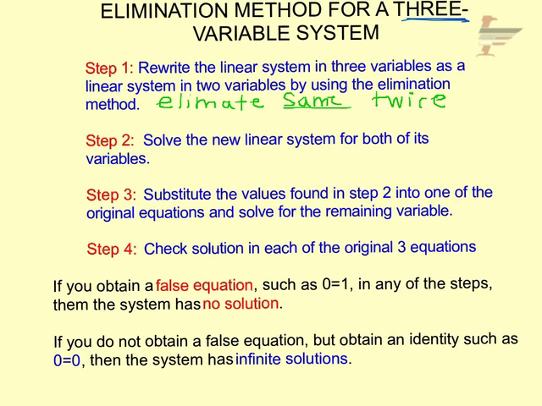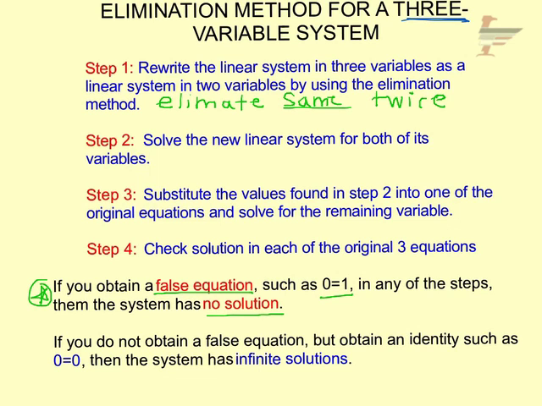Okay, then important down here: if you obtain a false equation, like your variables all wipe out and you end up getting 0 equals some number that's not 0, obviously that's not a true situation, so then you're going to have no solution. So a false equation, with no variables of course, means no solution.